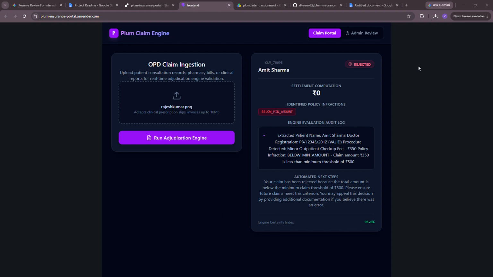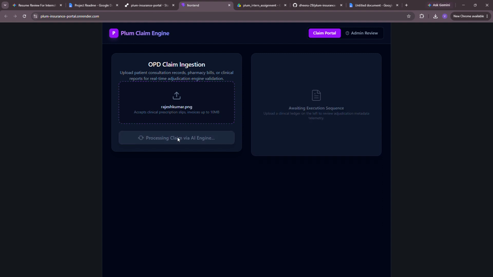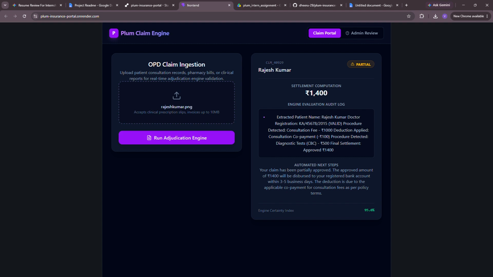We'll see what happens with this document. See, this is the partial settlement computation, 1400. These are again the extracted details. And see why 1400: in this bill it was 1500, but under the consultation co-payment, 100 rupees was deducted. So finally the approved amount is 1400 rupees.